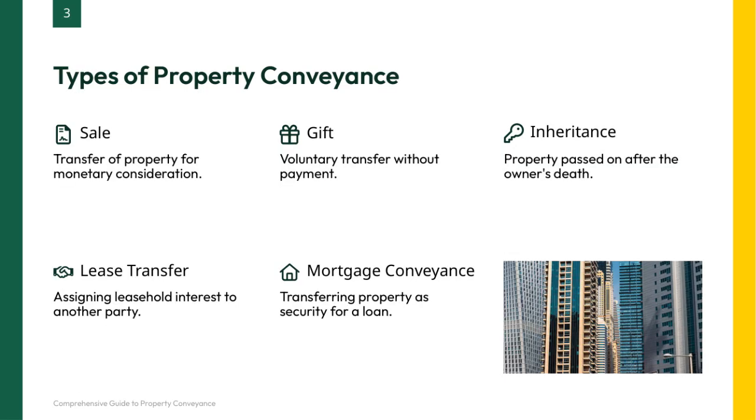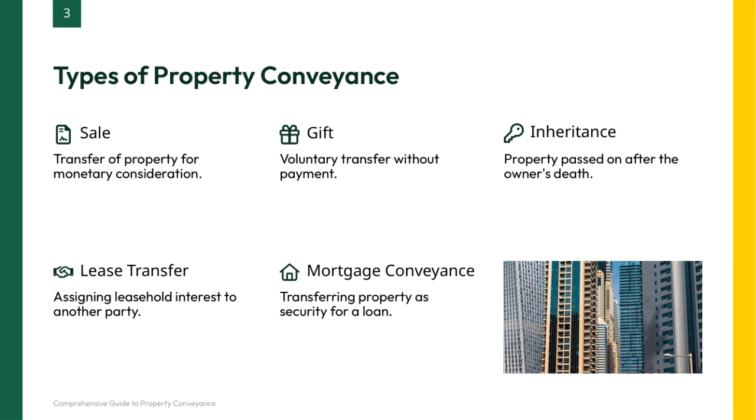When we talk about types of property conveyance, there are several key methods to understand. First, we have the sale, which is the most straightforward. This involves transferring property in exchange for money. Next is a gift, where the owner voluntarily transfers ownership without any payment involved. Then there's inheritance, which occurs when property is passed down after the owner's death, often through a will or by law.